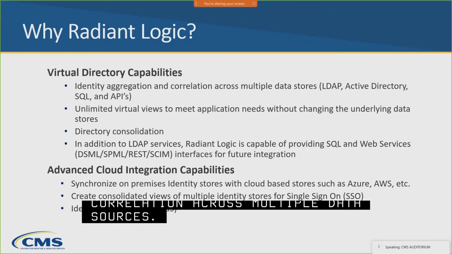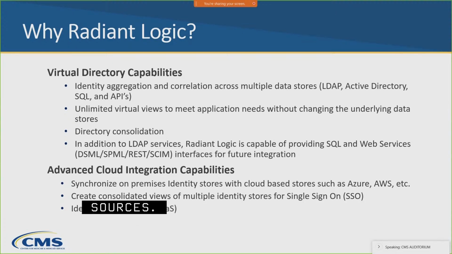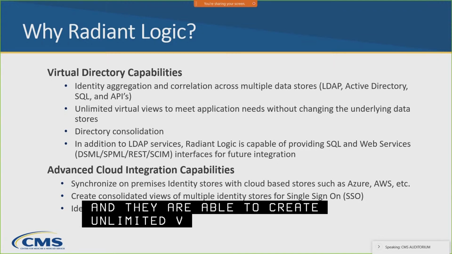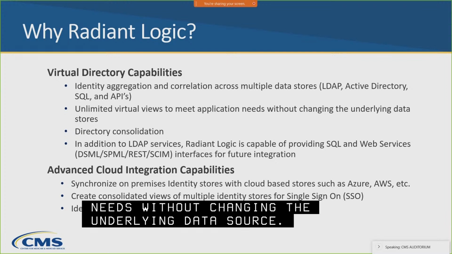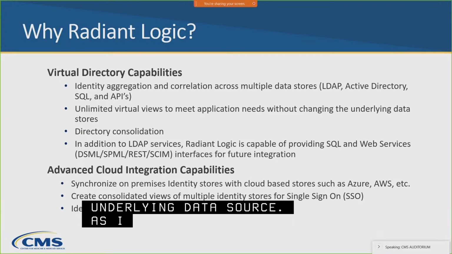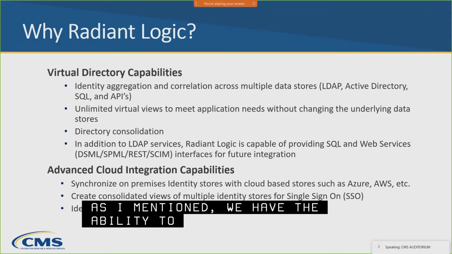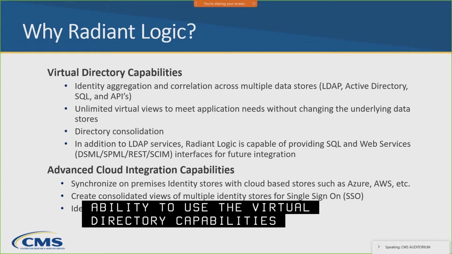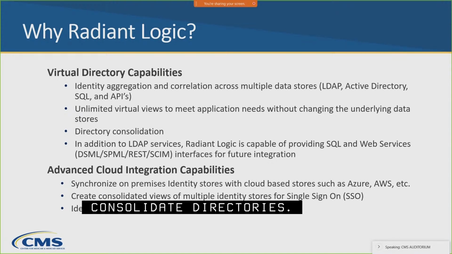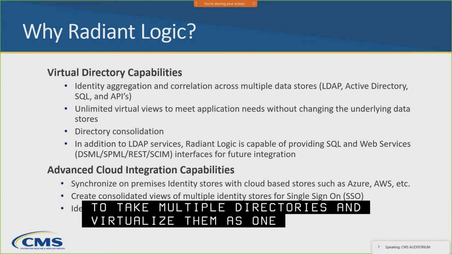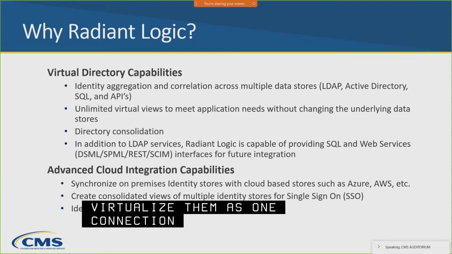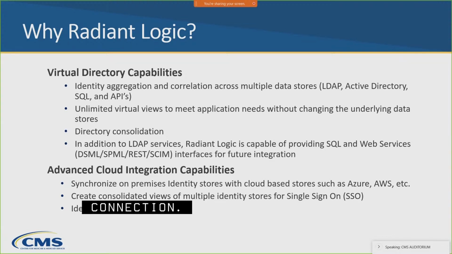And they're able to create unlimited virtual views to meet application needs without changing the underlying data stores. As I mentioned on the previous slide, we have the ability to use the virtual directory capabilities to consolidate directories, to take multiple directories and virtualize them and present them as one connection. In addition to LDAP services, Radiant Logic is also capable of providing SQL and web services interfaces for future integration opportunities.